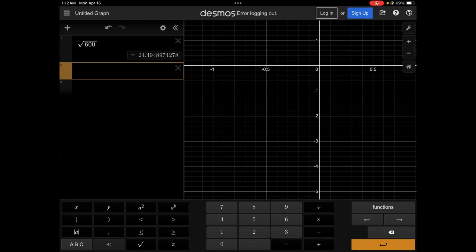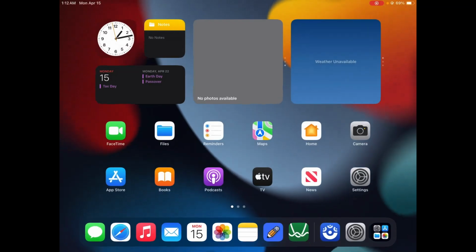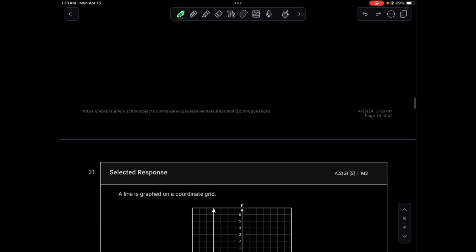So I would put in 6 square root 10, and once you compare, you see that this is not correct. Then the next option would be 10 square root 6, and you would get the same number, and that would be the correct option. So here is the correct option.